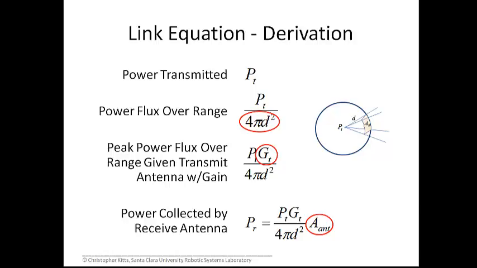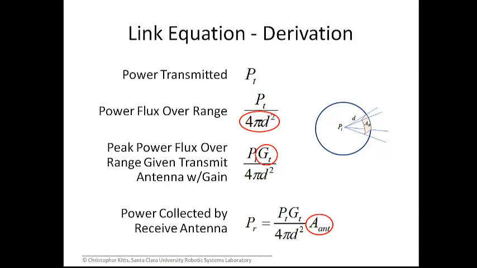And in the third line, we say to ourselves, well, maybe we're not using an isotropic antenna. Maybe we're using an antenna with gain. And so I have a ratio of how much power I'll be receiving, assuming that I'm pointing in the right direction. And for now, we'll make that assumption. We'll take pointing losses into account later on. And so in the third line, I have this notion of the increase in power that I receive because the transmit antenna has the focusing ability that gives it gain.